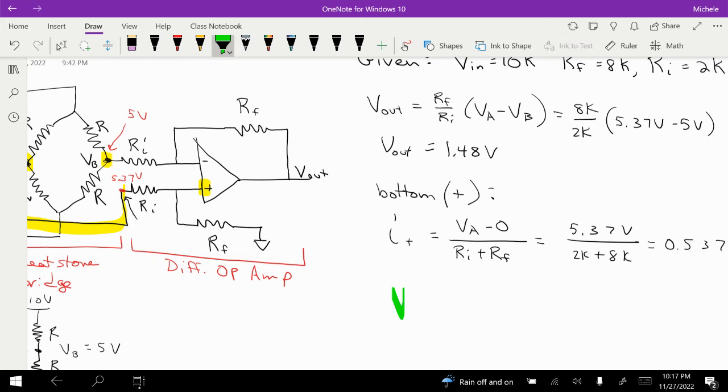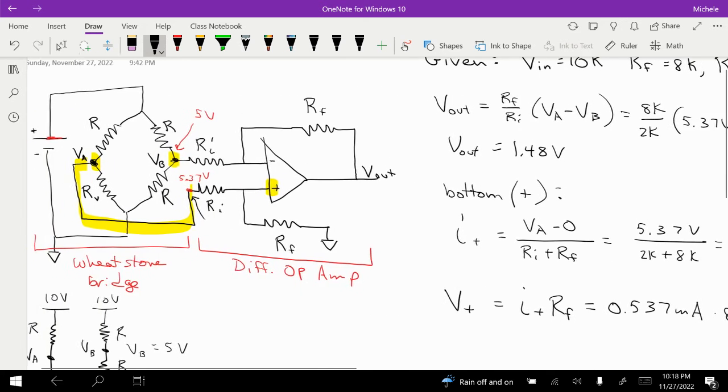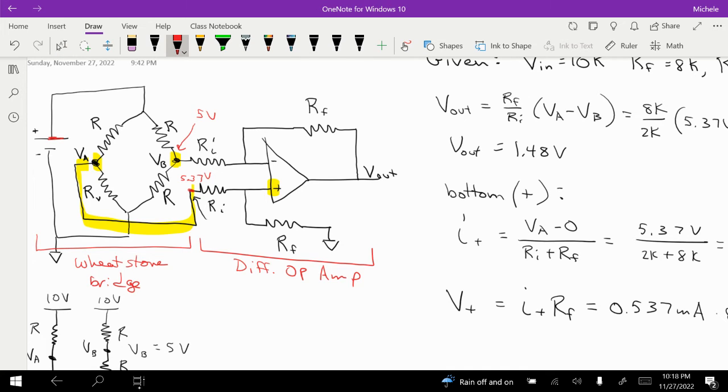So V plus is equal to I plus times RF, and that's equal to 0.537 milliamps times 8K, which is 4.3 volts. So I have 4.3 volts right here.